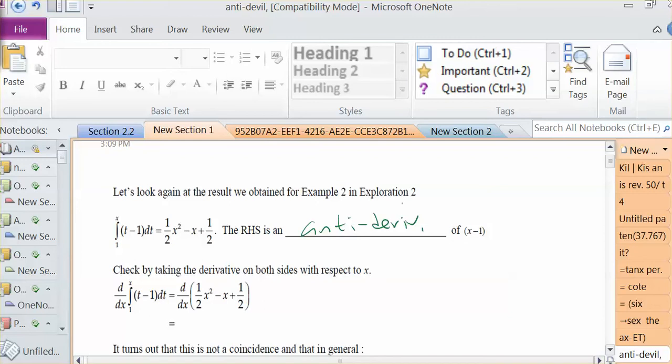And if we were to take the derivative of half x squared minus x plus half, we would get 1/2 times 2x minus 1 plus 0, or x minus 1. So this tells us that the derivative with respect to x of our definite integral from 1 to x of t minus 1 times dt is just x minus 1.